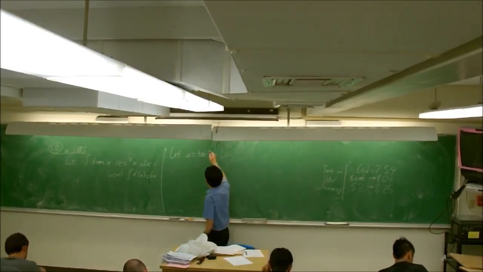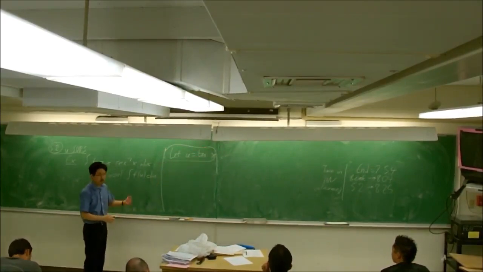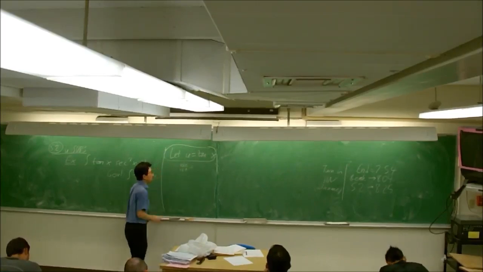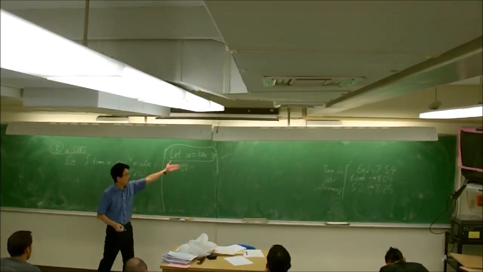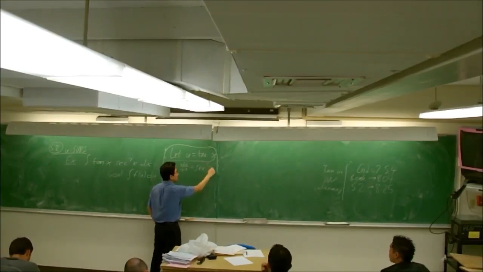You should write u equals whatever on homework and on tests. That's part of your work. Now, using the Leibniz notation, du dx, the derivative with respect to x, is what? Secant squared x.